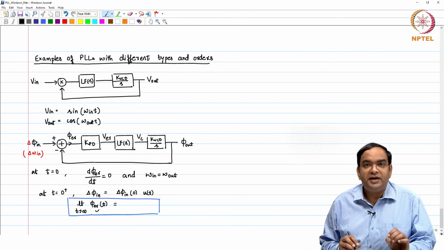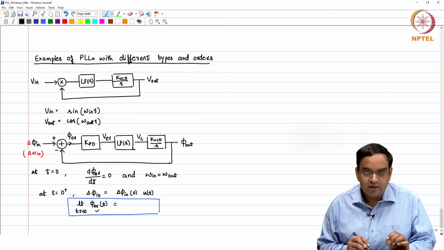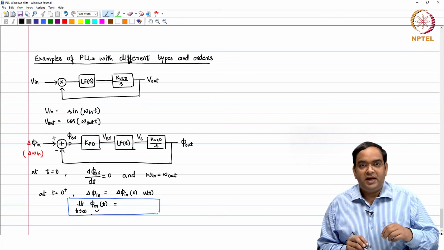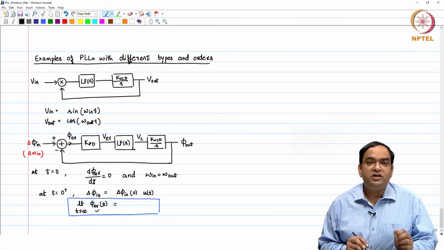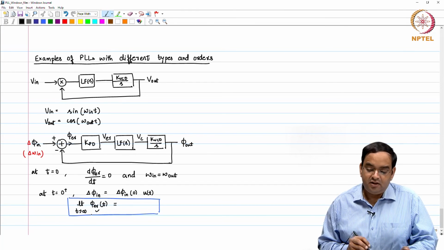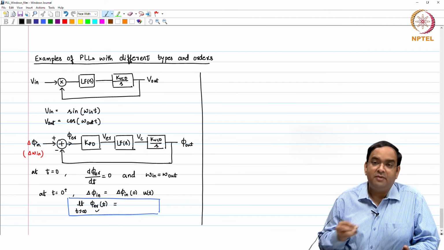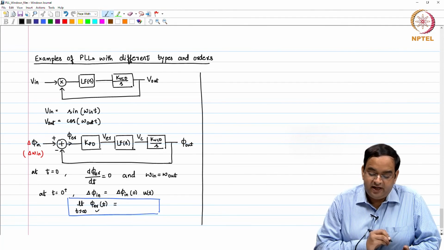We would like to find out this particular phase error for different kinds of inputs, which will depend on the type of loop filter which we choose. So, let us begin with an example. We will consider many examples.